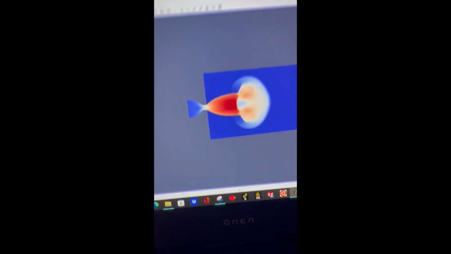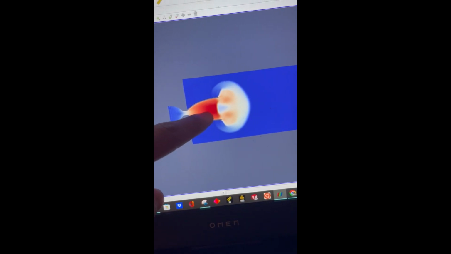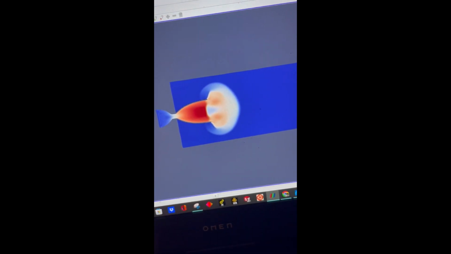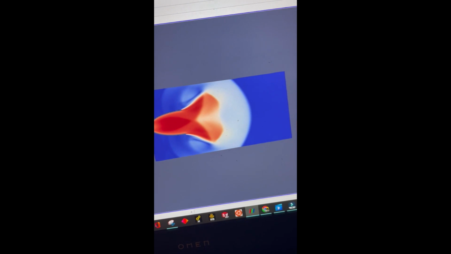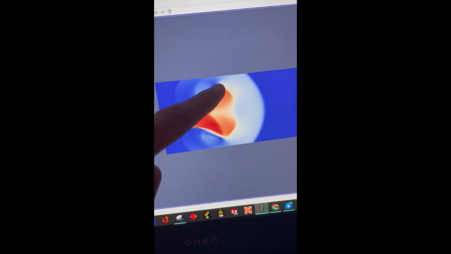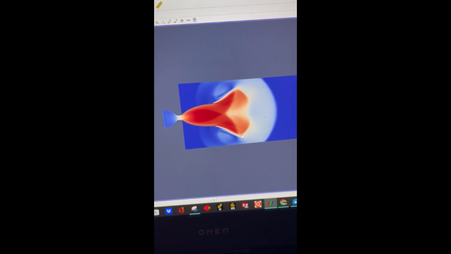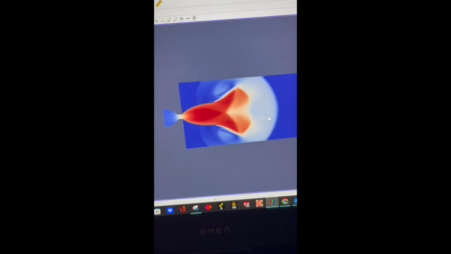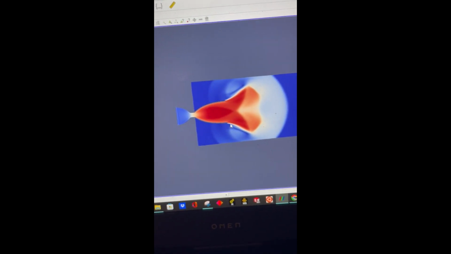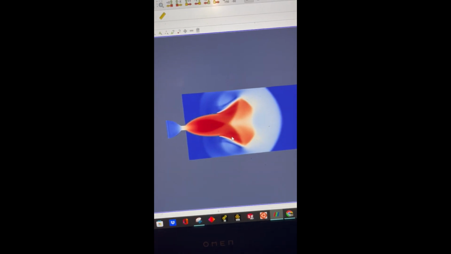Right now we can see that there's pretty high velocity right here. And clearly, look at this angle. We can clearly see that there is expansion in the nozzle as it is going outwards. And we don't want that. Remember, we want it to be perfectly straight. Otherwise, we have to take the cosine of this angle created, and that results in our cosine loss.